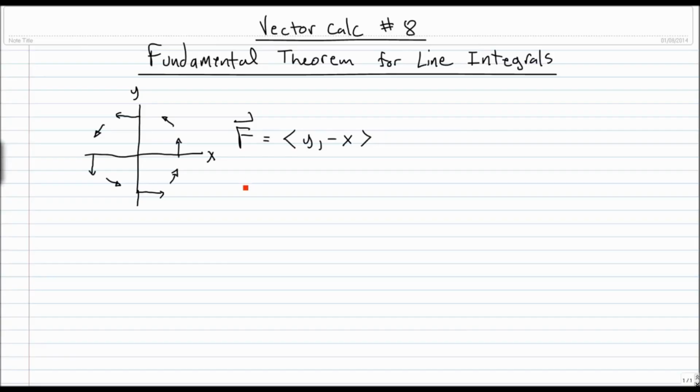Well, f would have to be some function of x and y. F sub x would have to be y, and f sub y would have to be negative x, so that the gradient of this function would equal the vector field I wrote here.